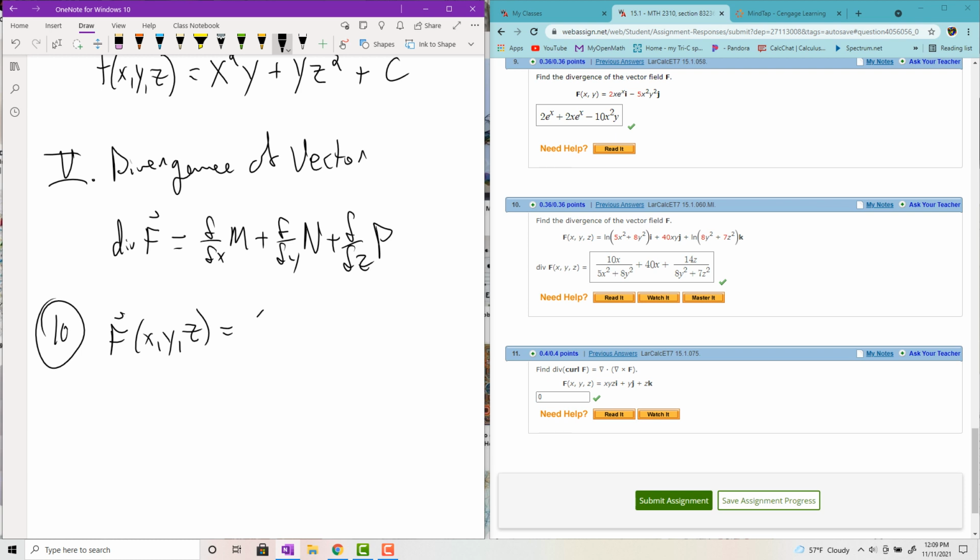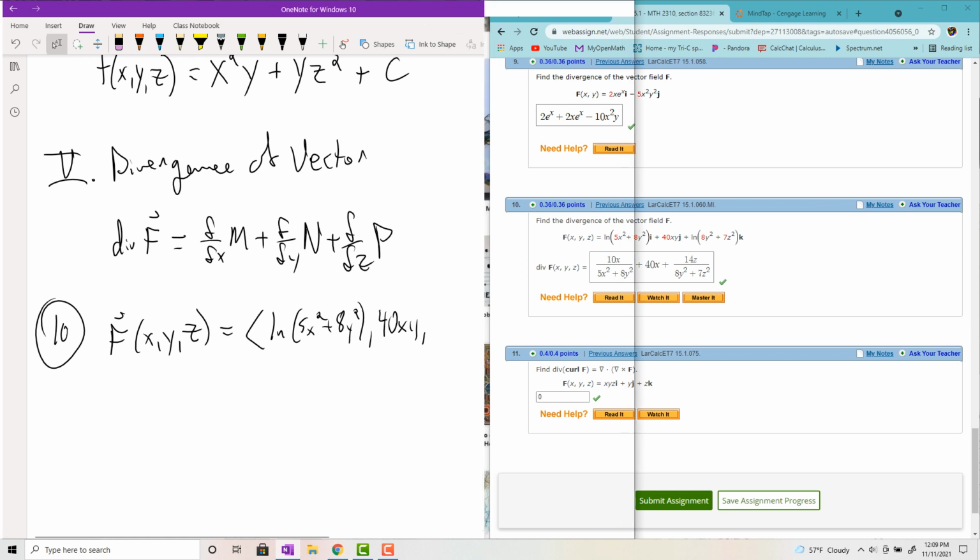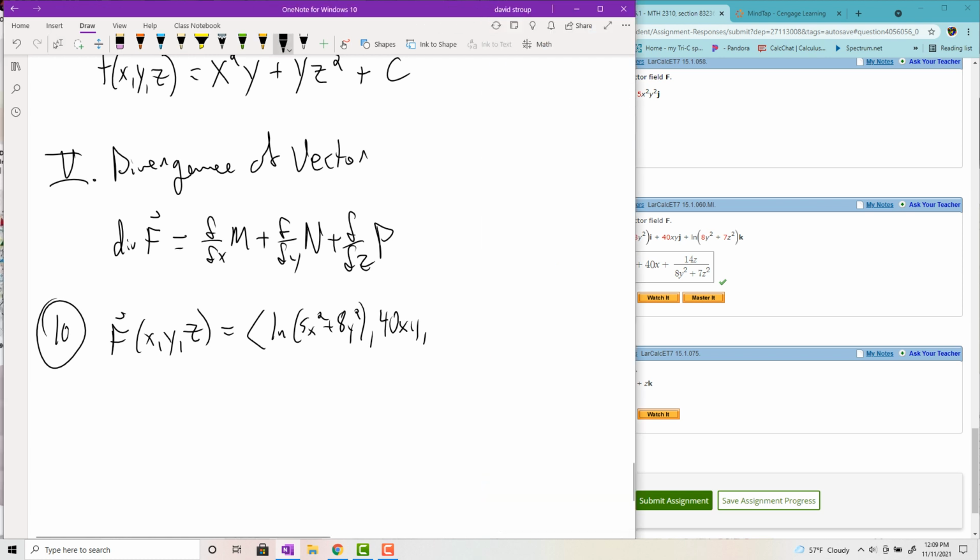They give you the vector field: ln of 5x squared plus 8y squared, comma 40xy, comma ln of 8y squared plus 7z squared. And so the divergence of f is going to be the partial derivative of the first component with respect to x.